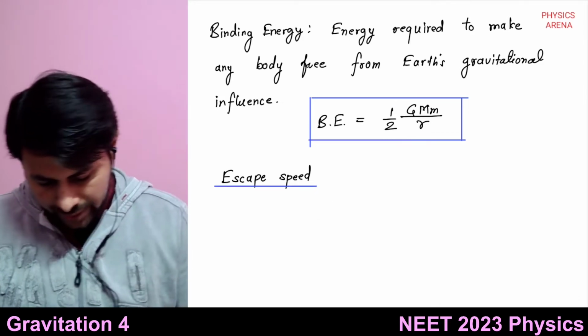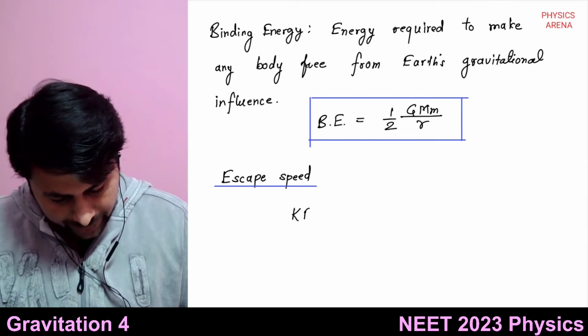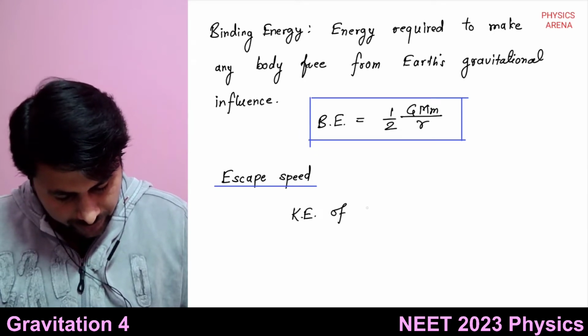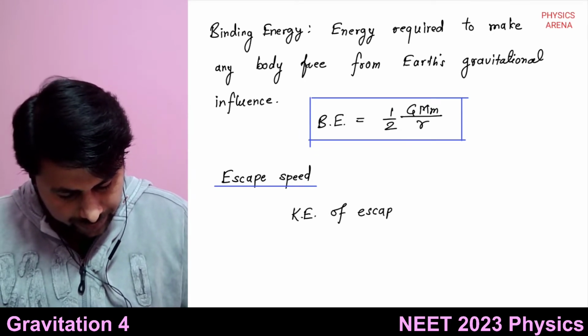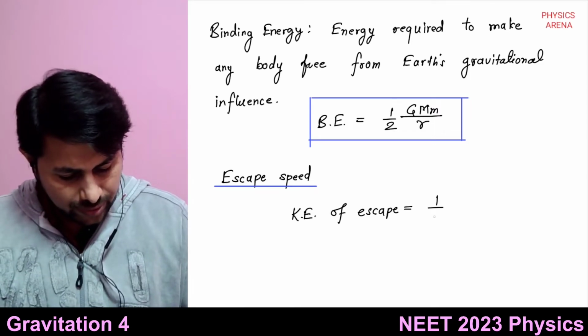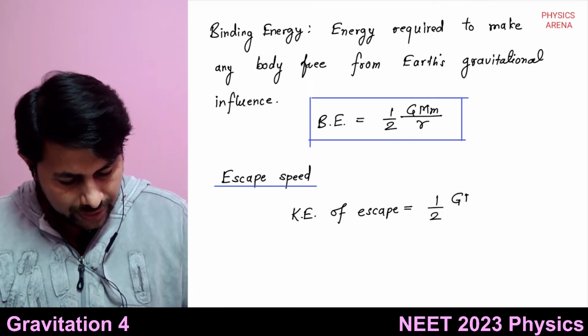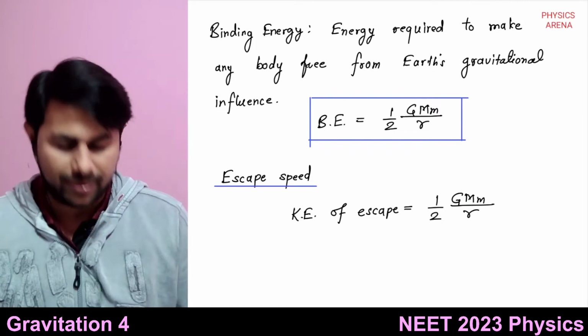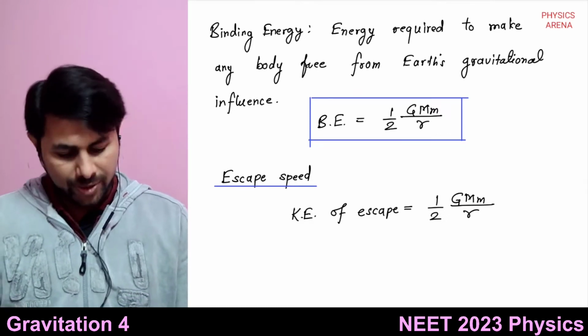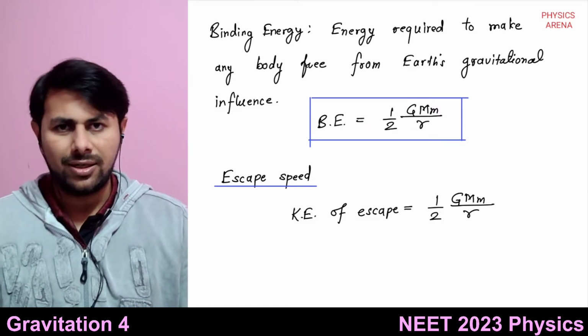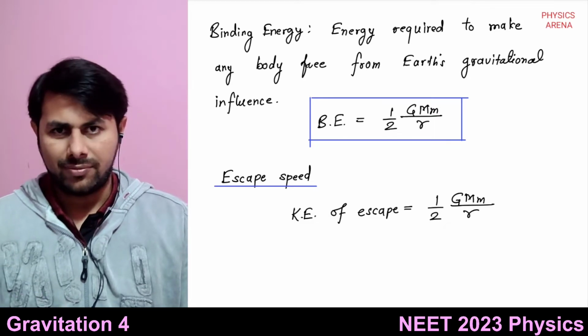So I will call it kinetic energy of escape, and it's equal to half of GMm divided by r.